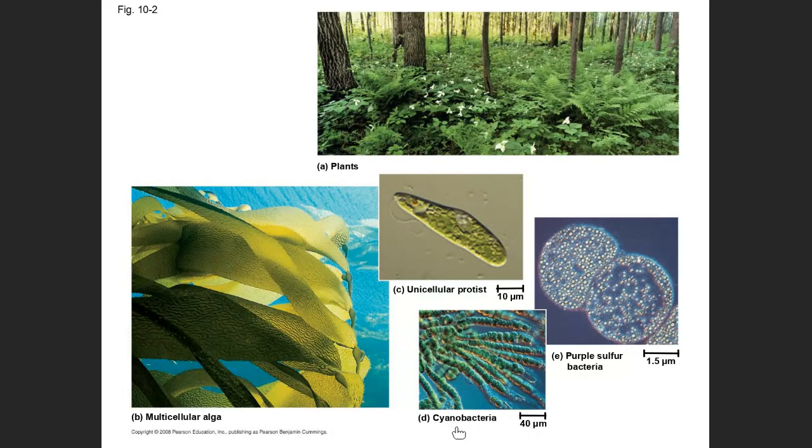Now there are some bacteria, like the purple sulfur bacteria, that are photosynthetic, but they do not produce any oxygen. So not all photosynthesis produces oxygen. Most photosynthesis does, and we call that oxygenic photosynthesis because it makes oxygen. But there are certain microorganisms that photosynthesize but do not make any oxygen, and we call that anoxygenic photosynthesis.